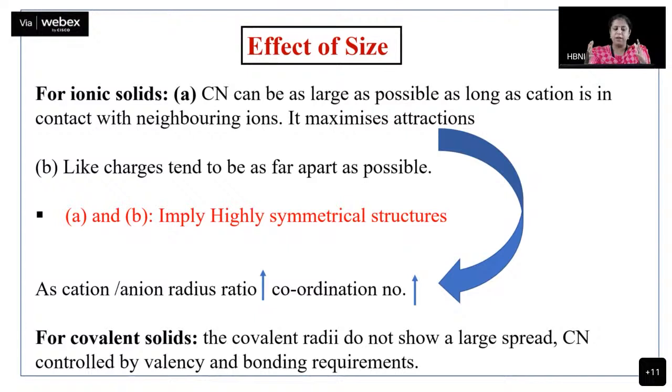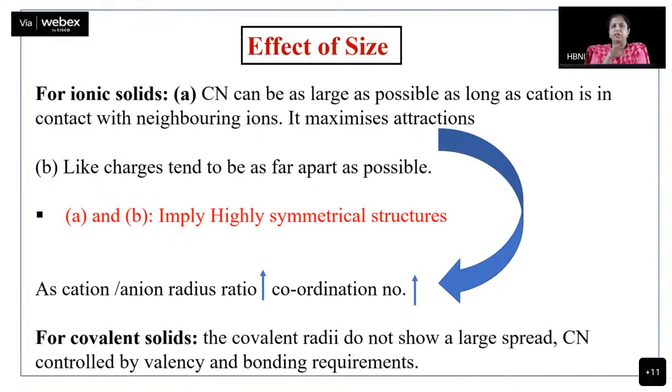The more they come together, there will be repulsion between the electron clouds, which will also tend to make ions a little farther apart. So both these factors are acting in opposite directions, and the result is that ionic compounds adopt as symmetric a structure as possible. They try to gain as high symmetry as possible in their crystal structure as compared to covalent compounds.